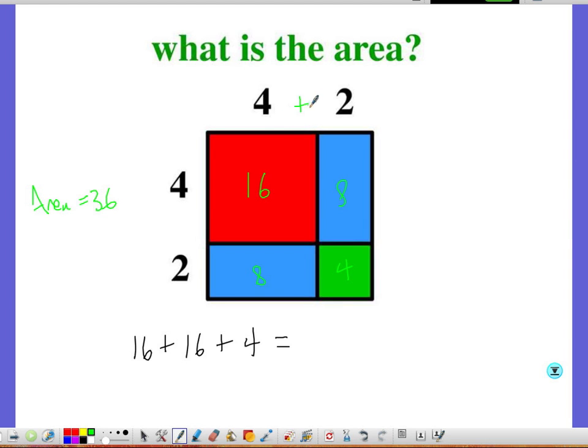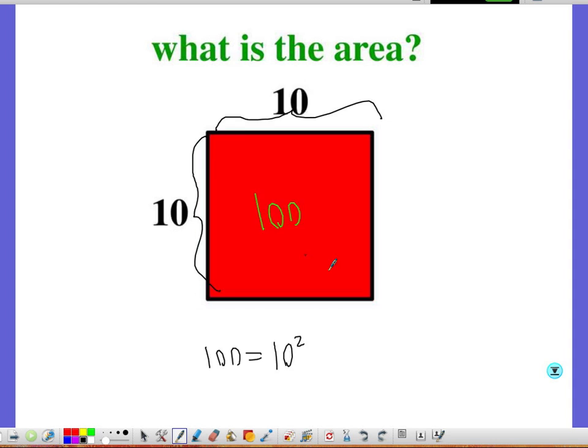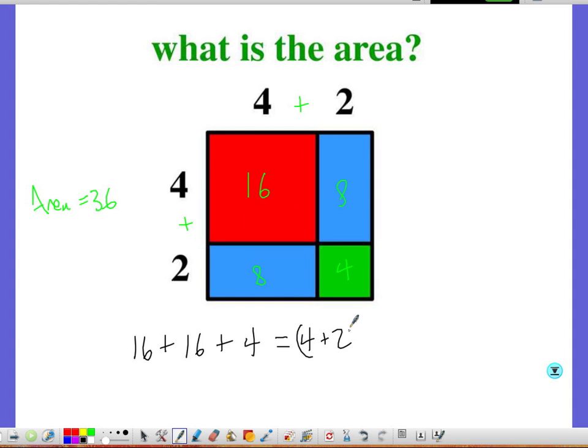They basically took 4 plus 2, and just as we squared this 10, we square this 4 plus 2, which is 6, and we take 6 squared, and that also gives us 36. So 4 plus 2 squared is 36, which is equal to 16 plus 4 plus 16, which gives you 36 as well.